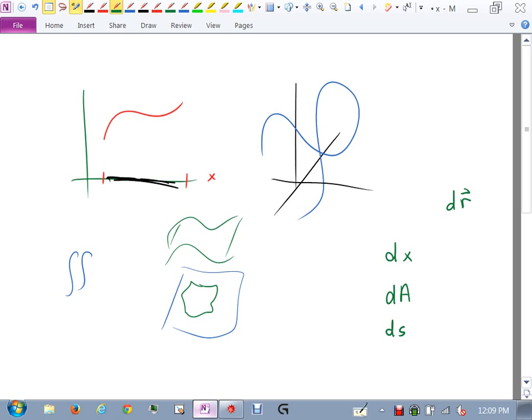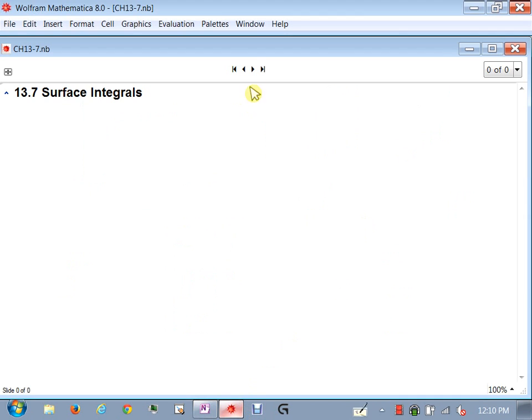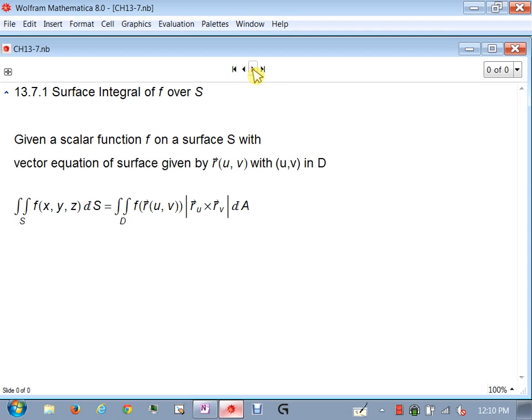Now we're going to be integrating where we have d capital S. So the infinitesimal that we're integrating with respect to is, well, what's capital S? It's a surface area. We're integrating with respect to surface area, which is where this whole idea of surface integrals comes from. Moving along a surface, integrating over it as you move through it.